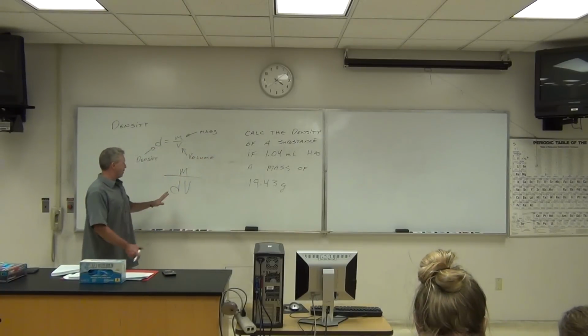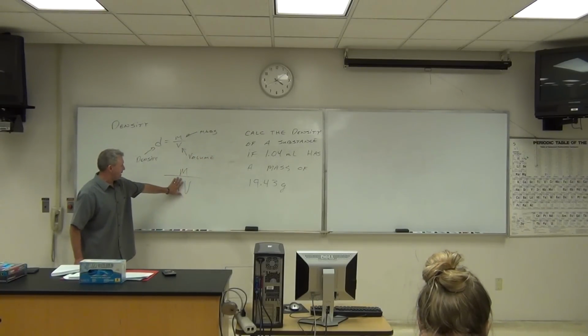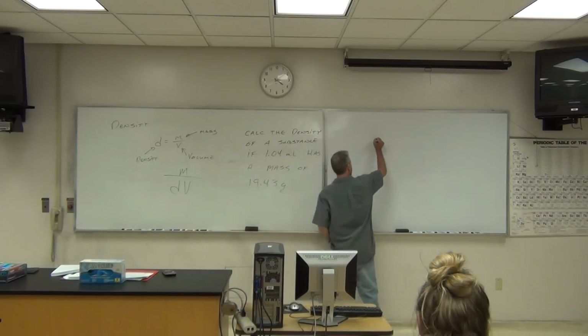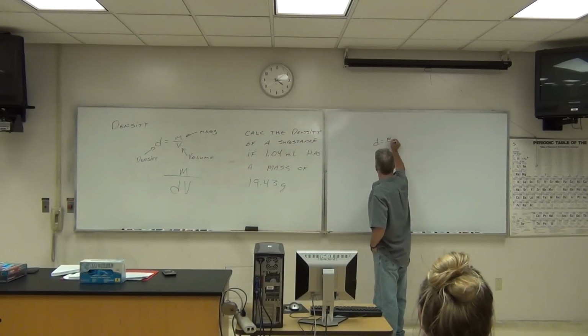So we come over here to our relationship, we cover up the D, and we have D equals M over V. So D equals M over V.